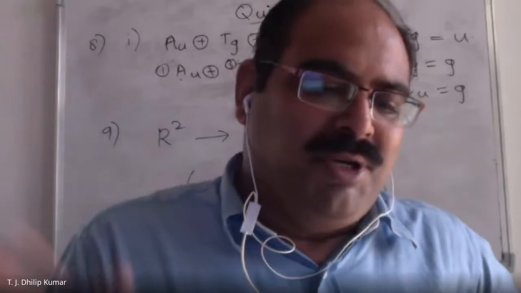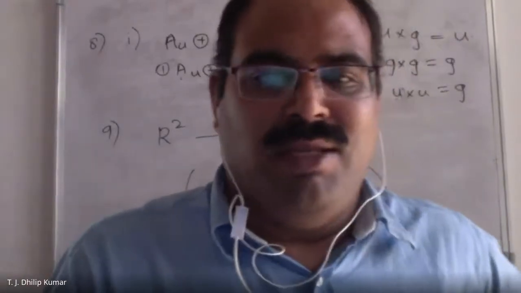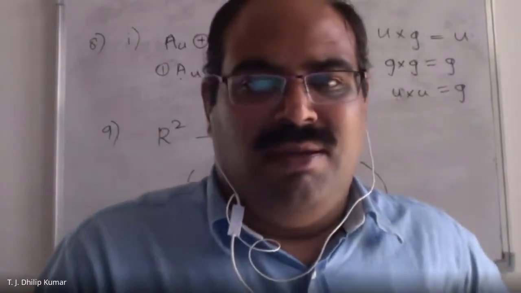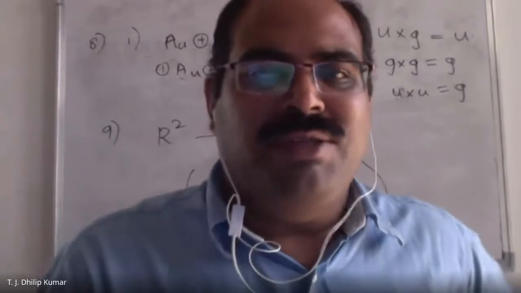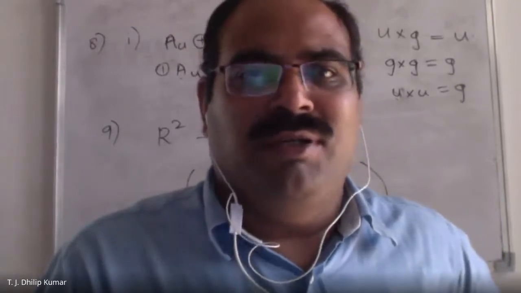But otherwise, directly it should be like this. Check it up. If you're getting a different answer, let me know. It would be different, sir, because when we say it would be T_g plus T_u, the representation would not be the same as the reducible representation. I will check and mail you.